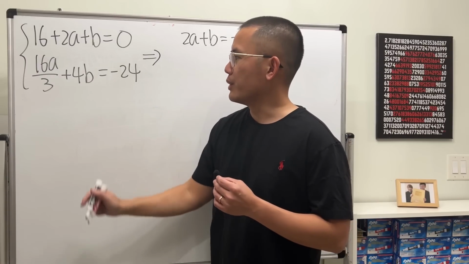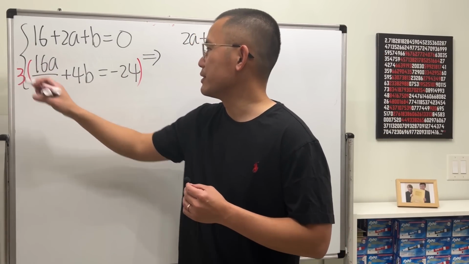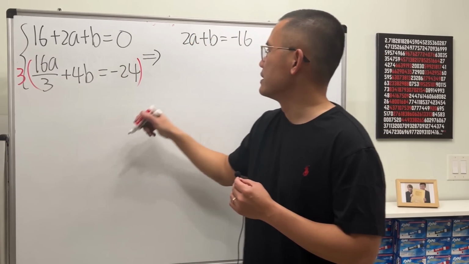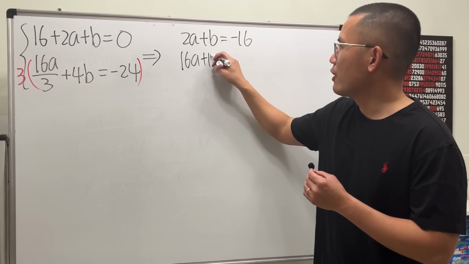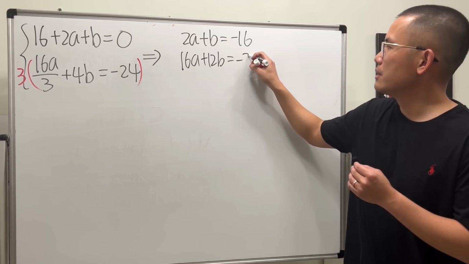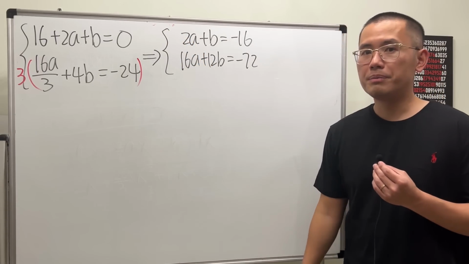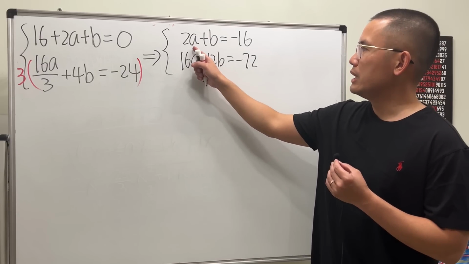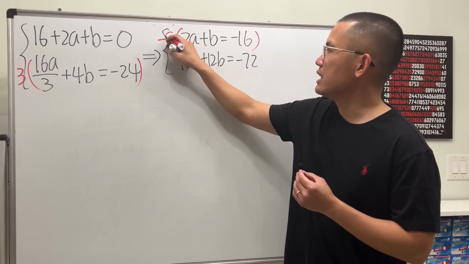And then for the next equation, because we have the fraction, let's multiply everybody by 3. So this and that will give us 16a, and this times that is plus 12b, and then 3 times that is -72. Okay, and then to solve this system of equations, I will do it by elimination. I would like to eliminate the a, so I will multiply this equation by negative 8.